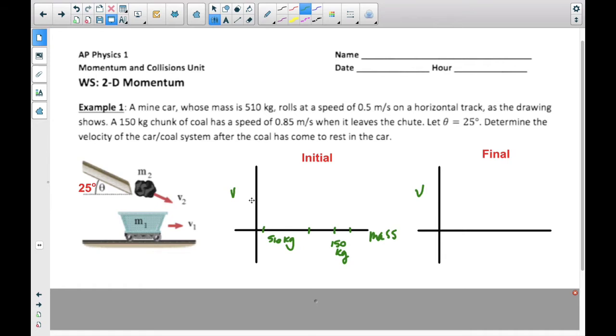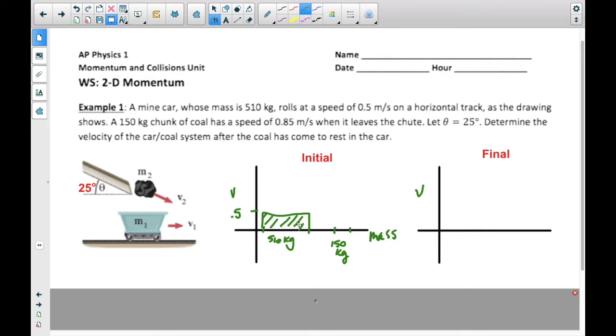Now, they are both going in the positive direction, so that's one thing. They're both going to be above the x-axis because they're both going in a positive direction. The cart is going at a speed of 0.5 meters per second. So I'm going to, again, kind of random, but put an increment here for 5. That's how fast this one is going, and we've got 510 kilograms.